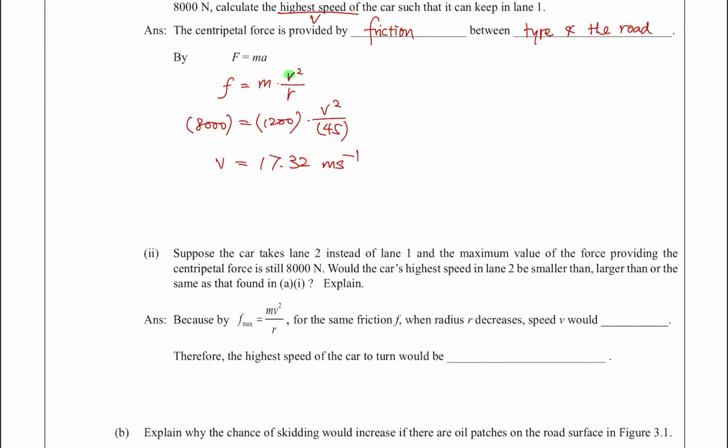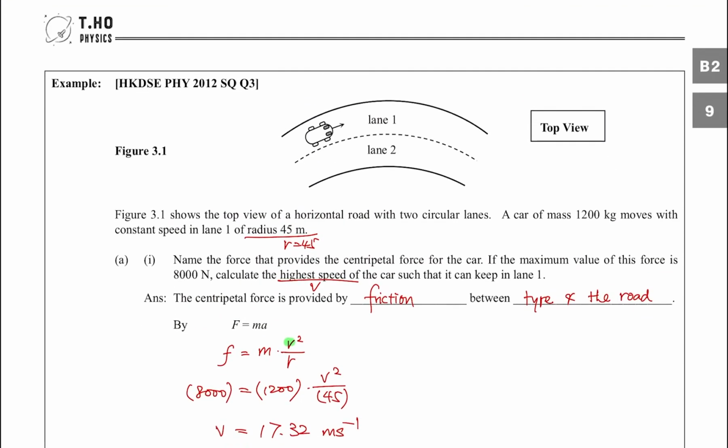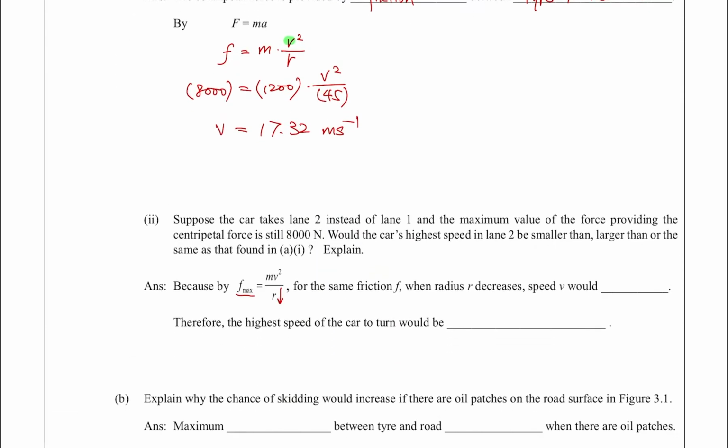Now we have this equation, F equals mv squared over r. This time, F is unchanged. r becomes smaller because lane 2 is inside. The radius of curvature will be smaller than that of outside. So now for lane 2, the radius decreases.